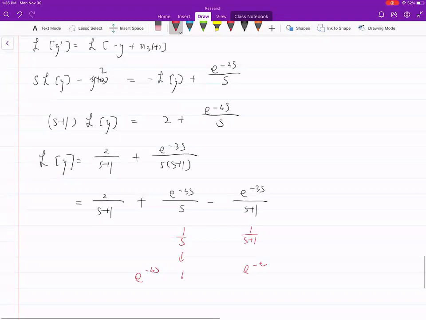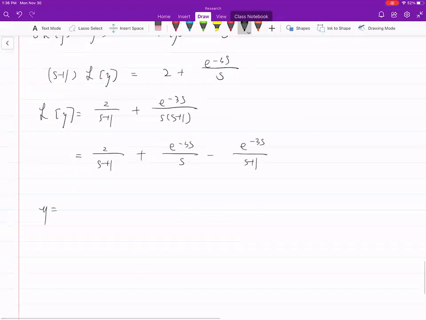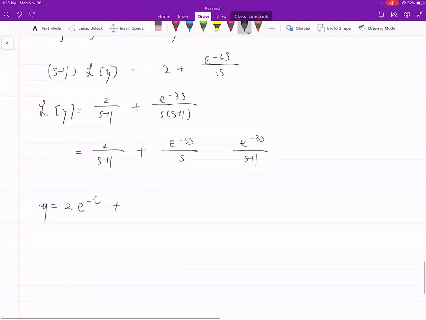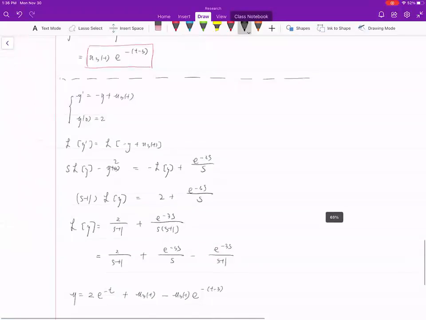Now, by the formula we just calculated, that just means shifting everything to the right by a. So we can say y equals 2 from here, plus u3t, minus e to the negative t minus a times uat, by what we just finished here.